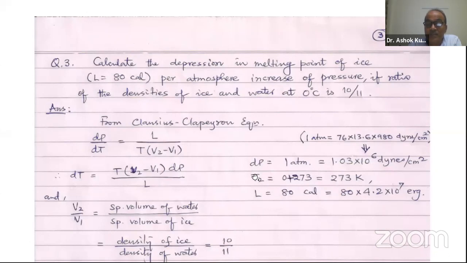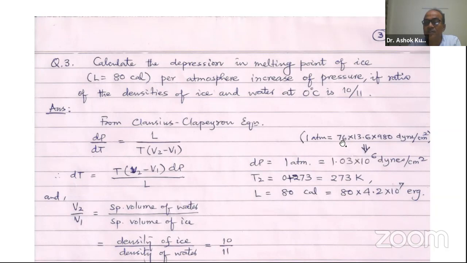So dP: it is asking for per atmosphere change in pressure, meaning increase in pressure. So 1 atmosphere pressure is equal to 1.03 into 10 power 6. How did it come? It came from 1 atmosphere being 76 centimeter mercury column, the pressure exerted by 76 centimeter of mercury column.